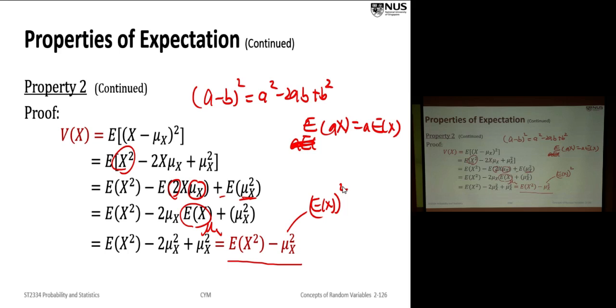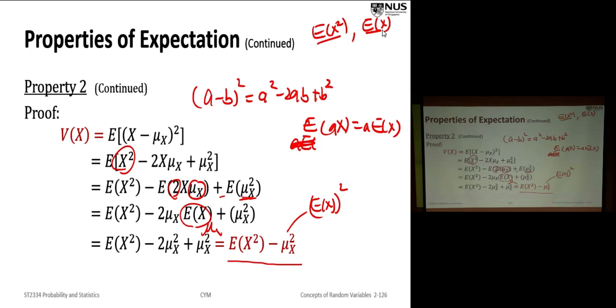All right? So this is how you get this formula. And this formula is supposed to be easier to work with. We call this the computational formula for the variance of x. So if you get the expectation of x squared and also the expectation of x, that means you need this too. But it's not the difference of the two.